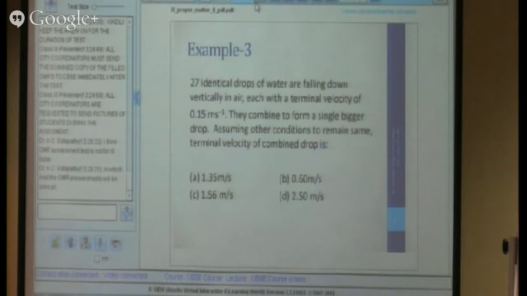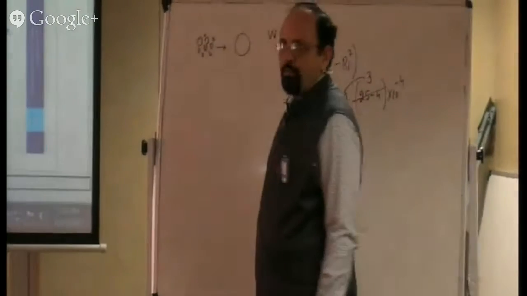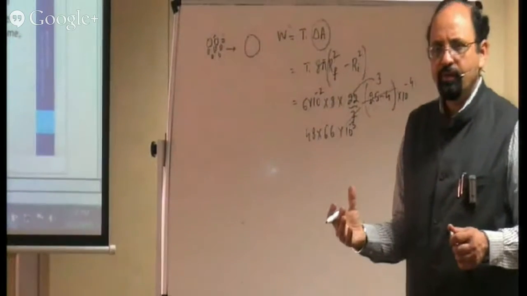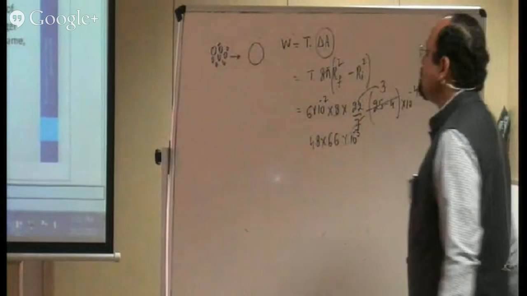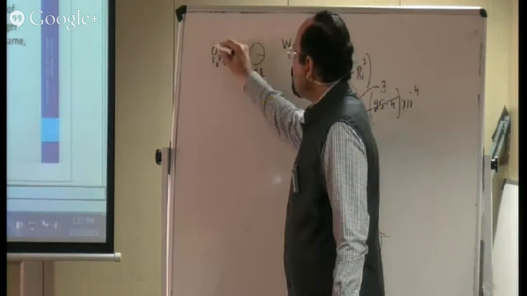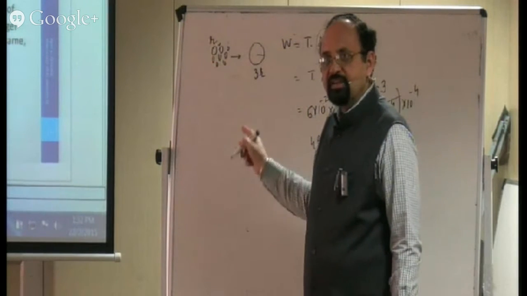Keep in mind what is happening. This picture must come to your mind that there are many drops. I'm not taking 27. They combine to form a bigger drop. Which factor has changed? Radius. How much has it changed? That is 3r. If each one of them has r, this is 3r. Why am I saying so?